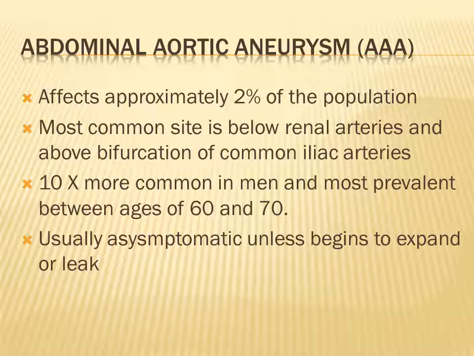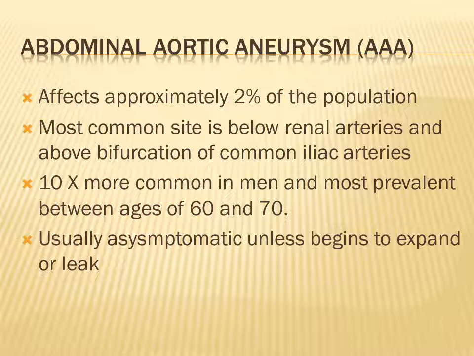It's more common in men, so always think about your male patients greater than 50 years of age with unexplained chest and back pain and differences of 15 to 25 millimeters of mercury in their systolic blood pressures between the two arms, who are also between the ages of 60 and 70. It's also a good time to get a history and find out if there are any siblings or first-degree relatives who have had these types of events or diagnoses in the past.